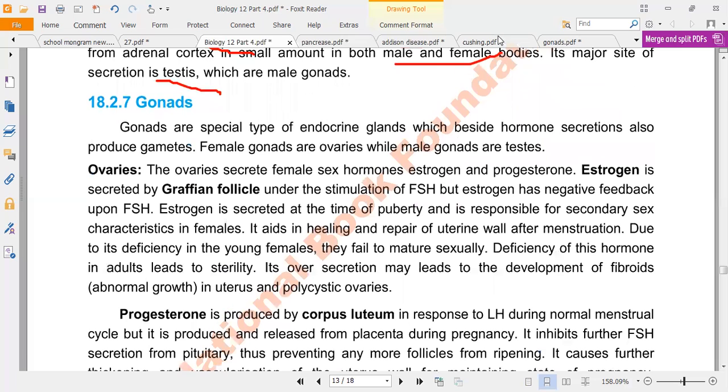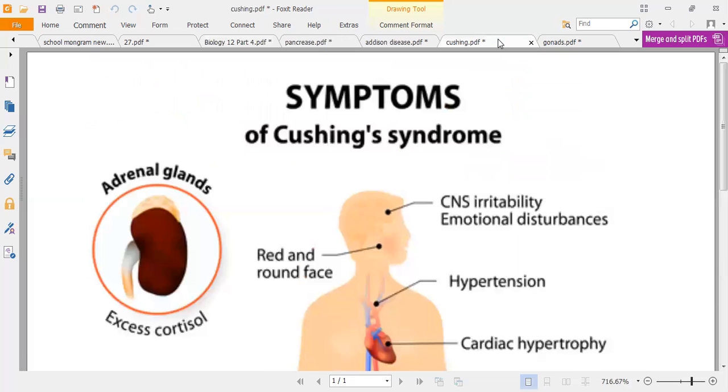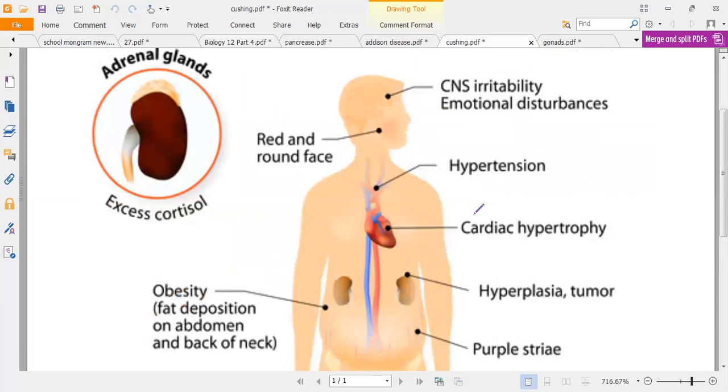Okay, here we can see some symptoms of Cushing syndrome, which means all the problems getting together. Central nervous system irritability and emotional disturbance. Then you can have a red and round face, and excess cortisol is secreted from the adrenal cortex.